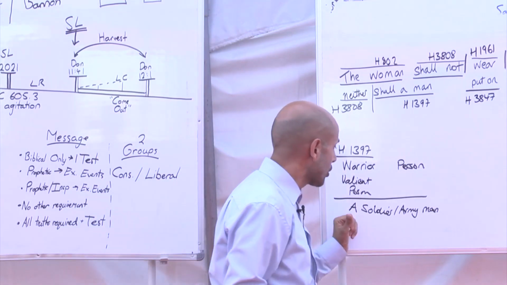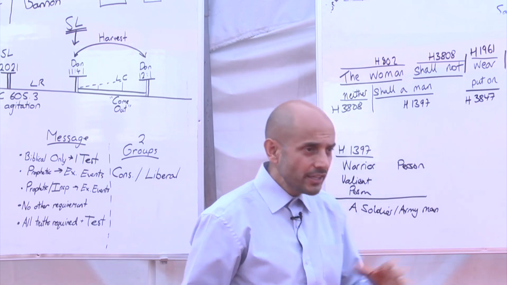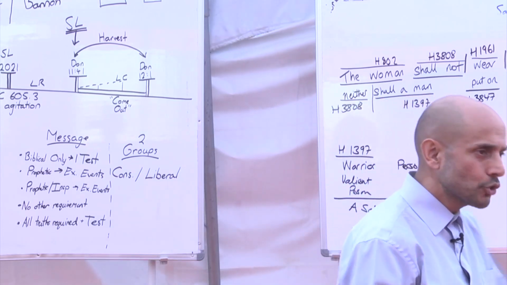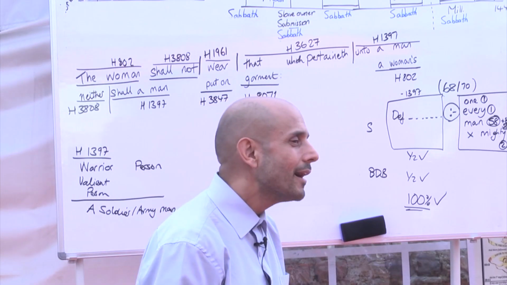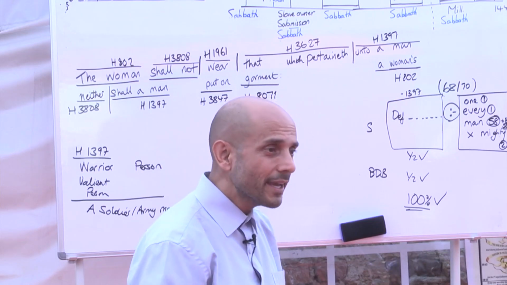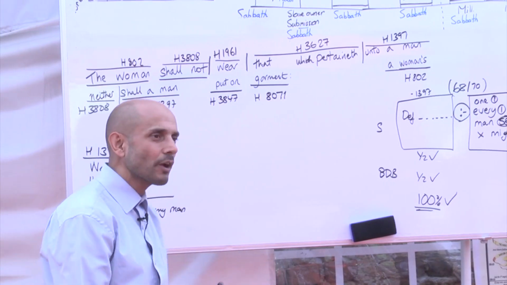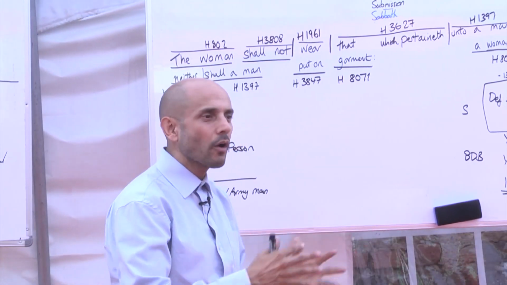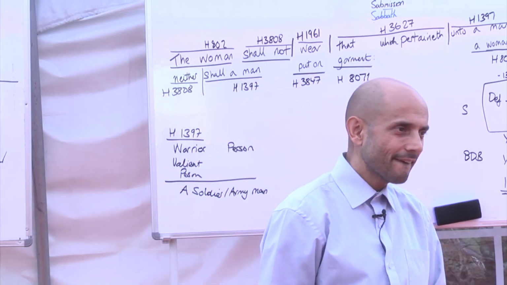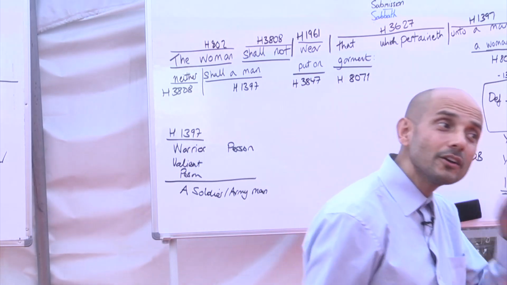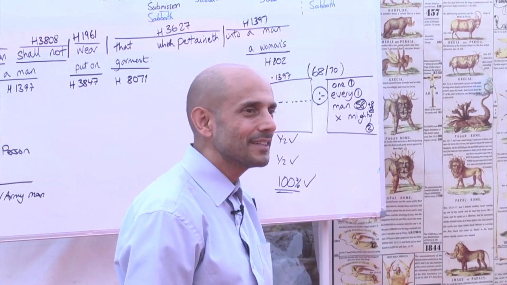So let's stick here. We've got a soldier. We've got an army man. So in the army, what kind of men do you have? Two kinds. Strong and weak? No, because everyone who joins the army has to go through basic training, and they all are strong. What kind of men do you have in the army? No, that's ranks.